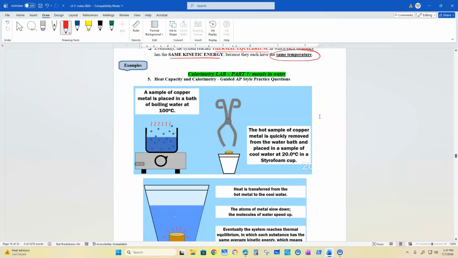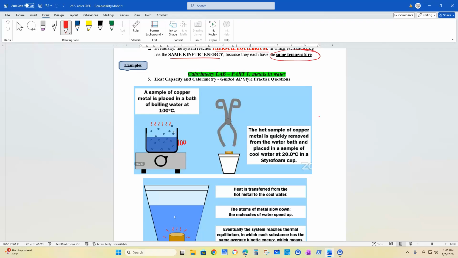So when we do calorimetry in AP, we do it two different ways. Number one, first lab, we're going to take a piece of metal and we're just going to put it in water. So in this scenario, a sample of copper metal is placed in a bath of boiling water at 100 degrees.